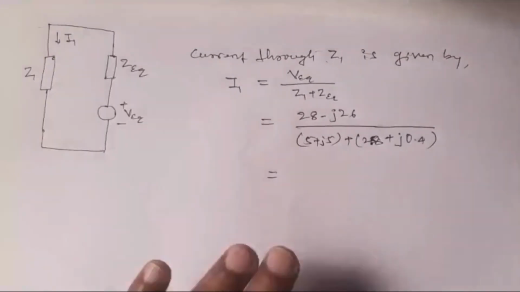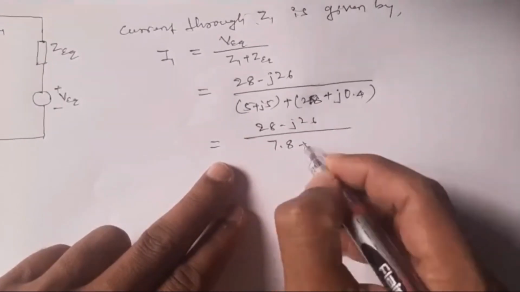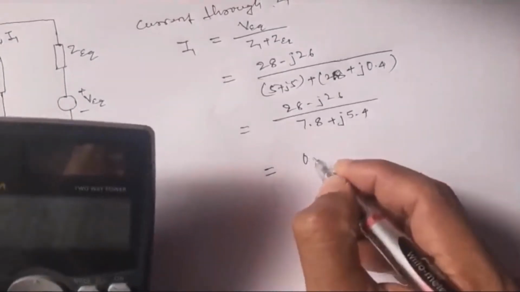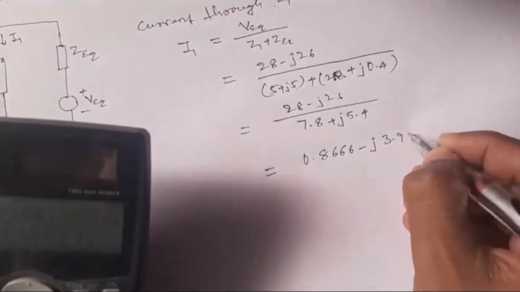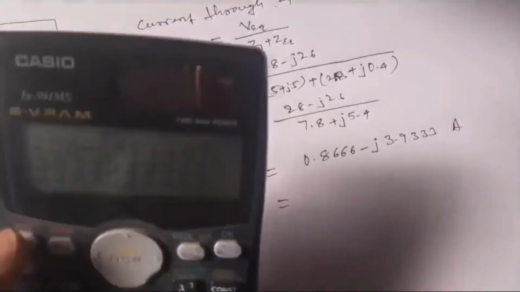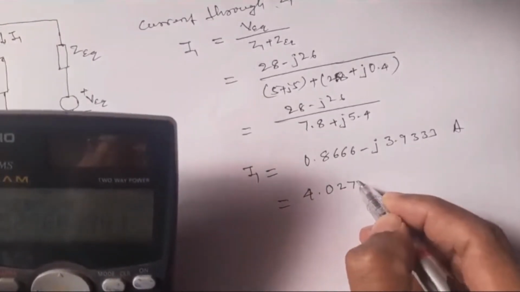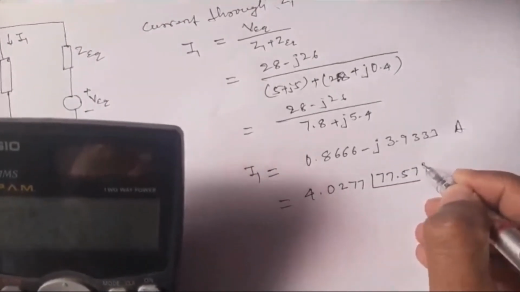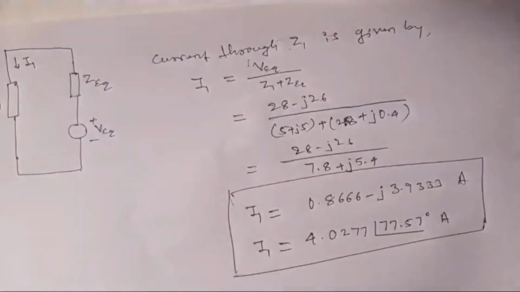This is equal to, directly I'll calculate here, 5 plus 2.8 is 7.8 plus j5.4, and this is equal to 0.86666 minus j3.9333, which is your I1 in ampere, or in terms of polar form, it is 4.0277 angle 77.57 degree ampere. So this is in rectangular form, and below is in polar form.